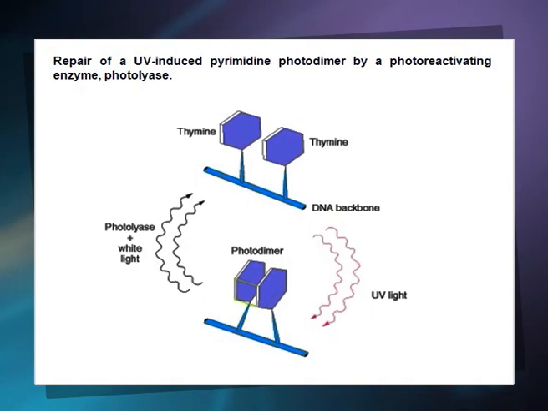The photolyase enzyme catalyzes this reaction, which utilizes light energy to break the bonds between purine dimers. Here you can see the action of photolyase along with white light, which breaks the photodimer into separate thymine molecules. But on exposure to UV light, the thymine residues in turn become a photodimer.